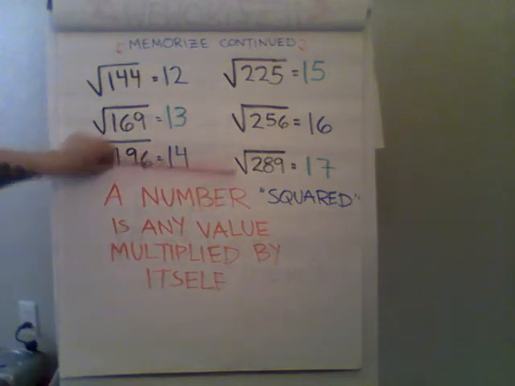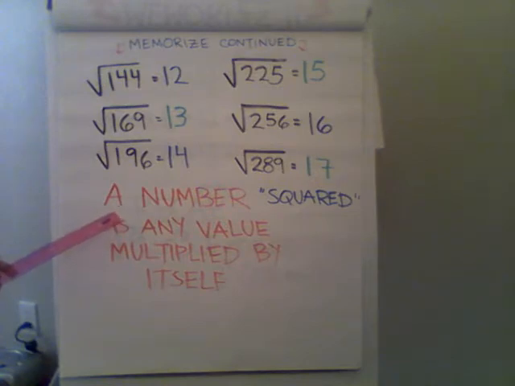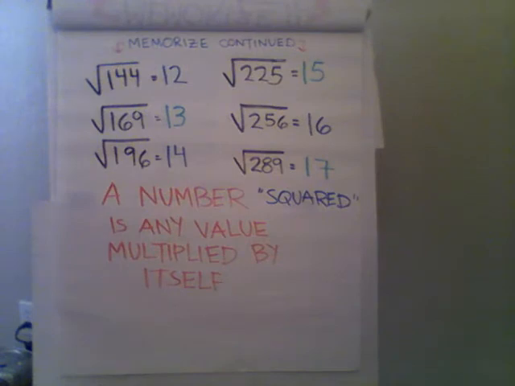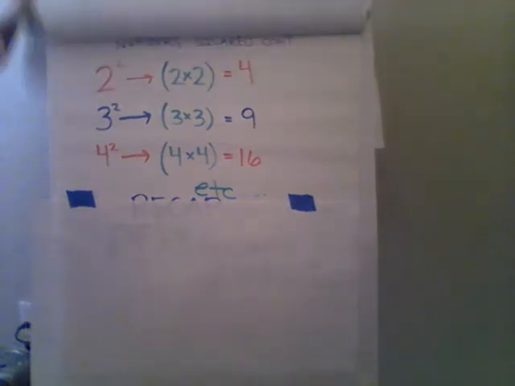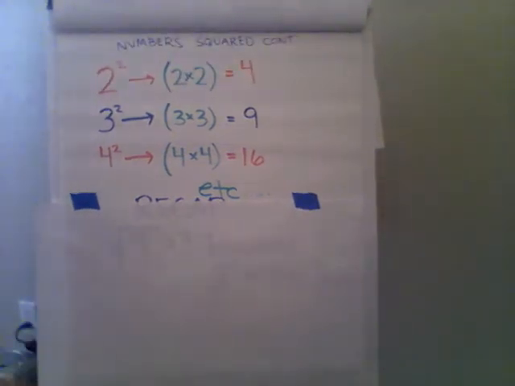So now that we've got our square roots, let's go back and talk about numbers being squared. A number that is squared is any value that is multiplied by itself. Okay, so let's take a look at the next page. So numbers that are squared. Again, remember when a number is squared, it has the number 2 in the upper right-hand corner.